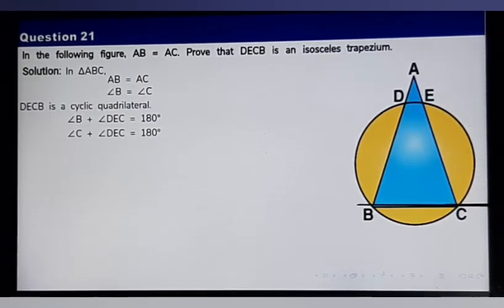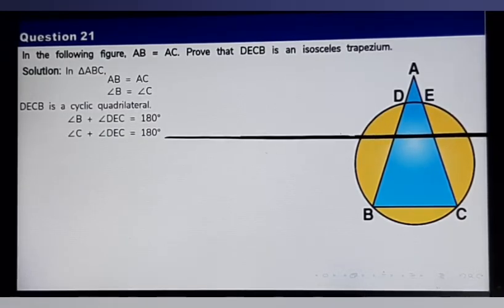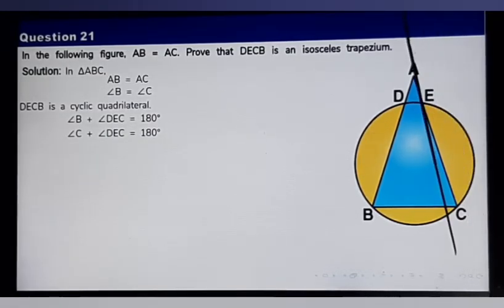Now these two lines are what we need to show are parallel. If they are parallel, then EC acts like my transversal, and the sum of the interior angles on the same side of the transversal should be 180 degrees. That is what is happening here: angle C and angle DEC add up to 180 degrees. So DE is parallel to BC.